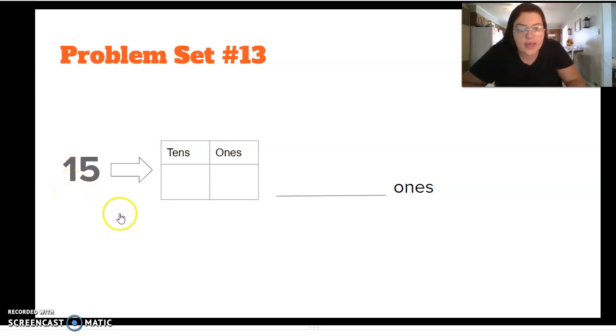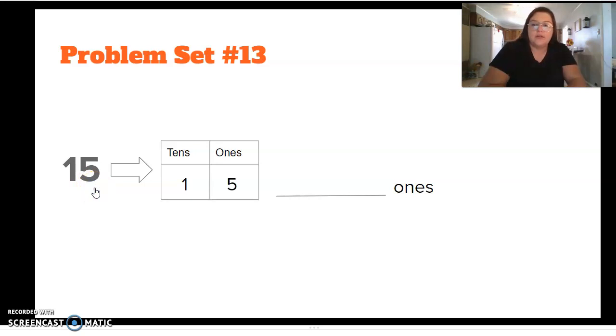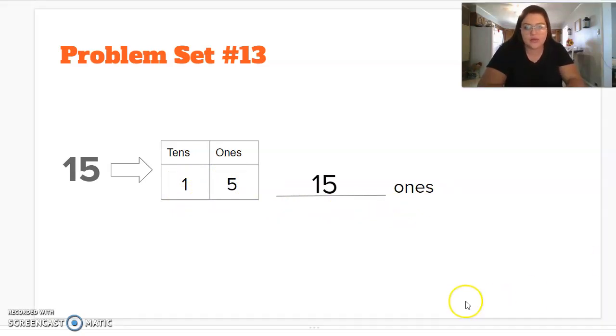So we have 1 ten. How many ones? Well, we look at the ones place. 5 ones. 15 with 1 ten and 5 ones is the same as 15. Good job. Okay, so that's our lesson for today.